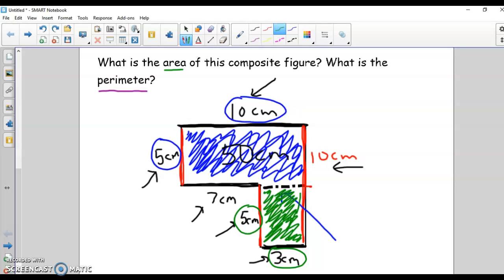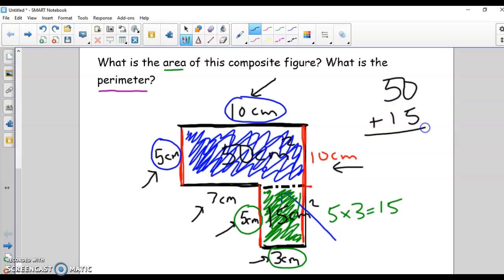Length, how long something is, width, how wide something is. 5 times 3 is going to be equal to 15. 15 centimeters squared and 50 centimeters squared, or squared centimeters. Now to find the area of the whole figure, you have to add 50 plus 15 to get 65 centimeters squared. That's going to be our area.